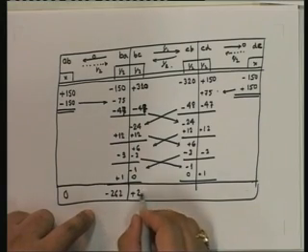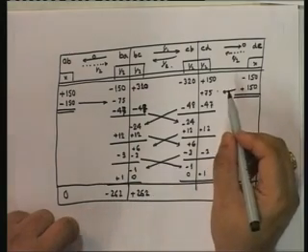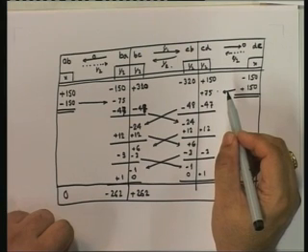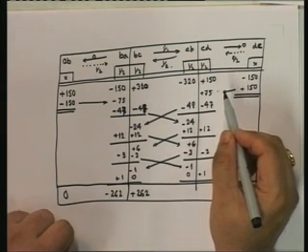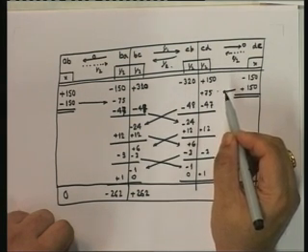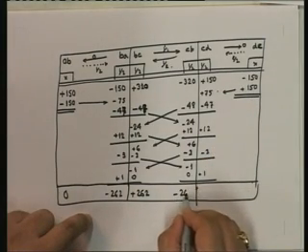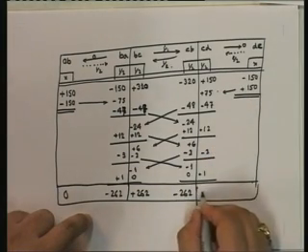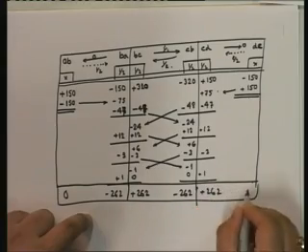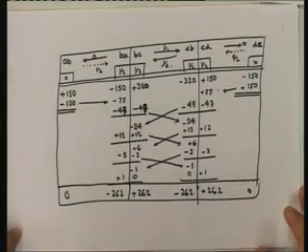This is going to be plus 262. Okay, this is going to be minus 262. This is going to be plus 262. This is going to be equal to 0.